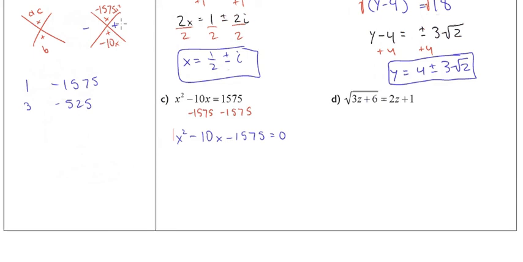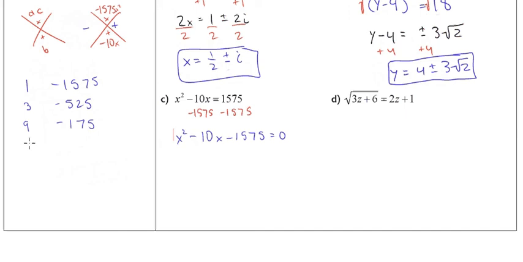Add up to negative 10? No. You can keep on going through, and 5 is a factor, 7 is a factor. I'm going to jump a little bit. I can see that 3 is going to go in there again, so 9, and that gives me 175. So 9 and 175 still don't multiply or add to give me negative 10.